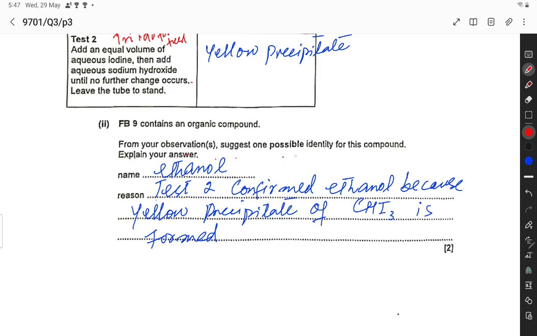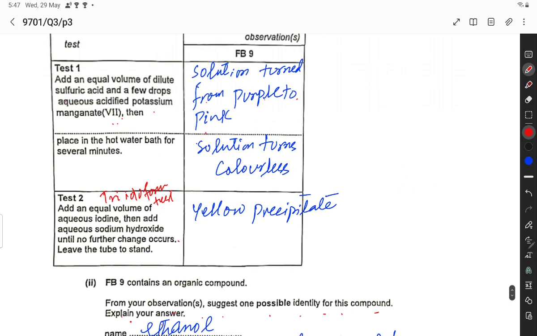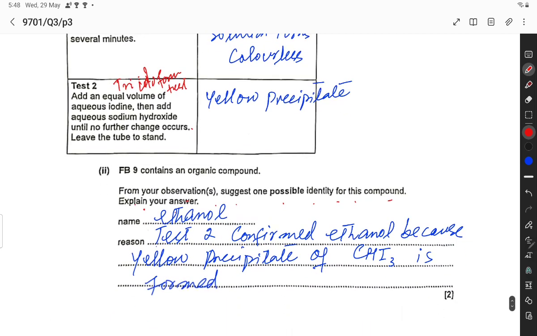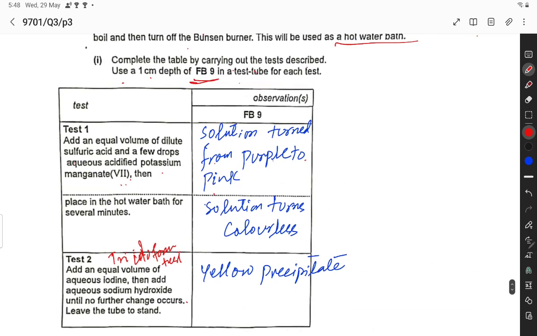From your observations, suggest one possible identity for this compound and explain your answer. Test 1 confirms the alcohol, because when we add an equal volume of dilute sulfuric acid and then a few drops of aqueous potassium manganate, the alcohol is oxidized to form a carboxylic acid.